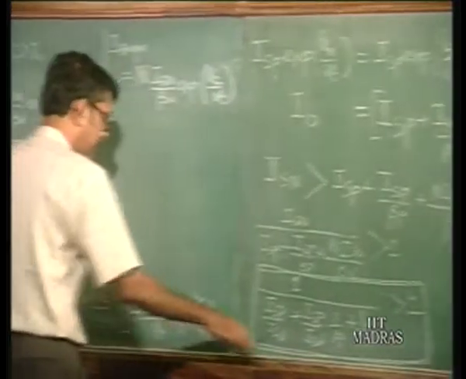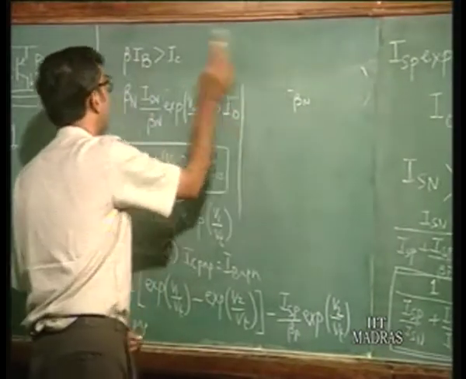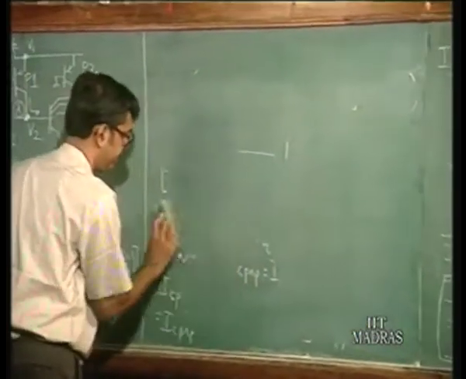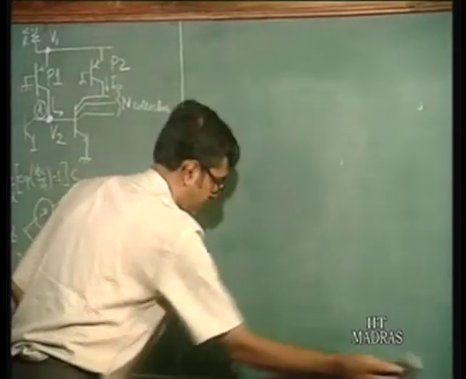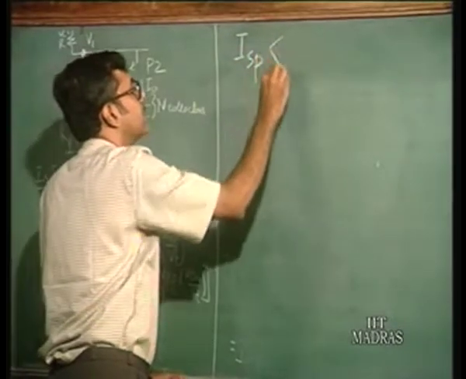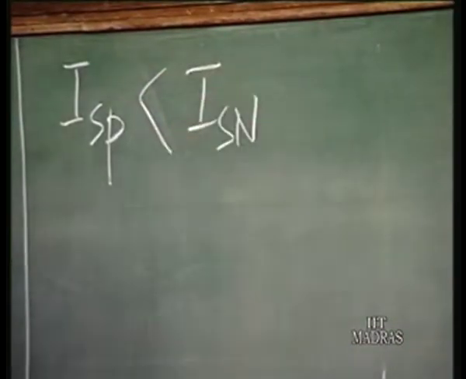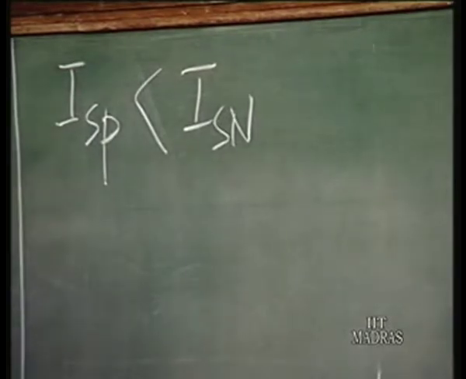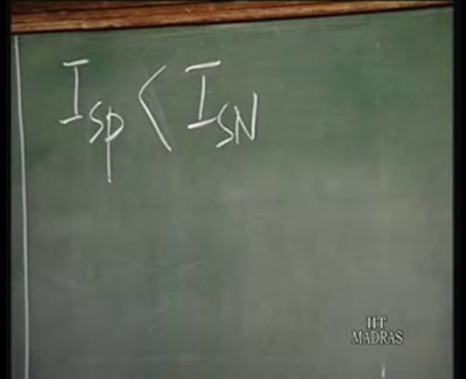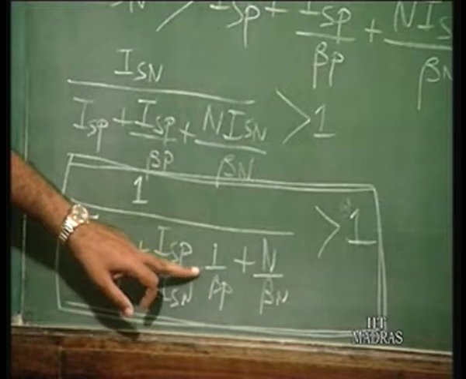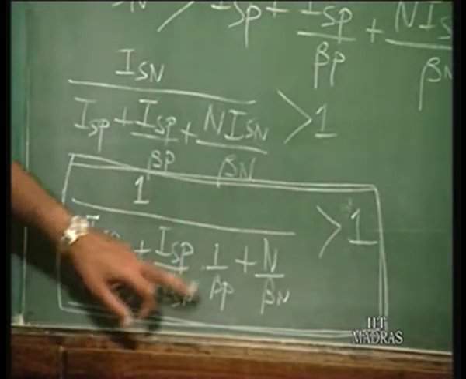So, some conditions we can write down straight away. I think I can remove all this now. ISP must be less than ISN. Then what can we say about beta p? Again this must be less than 1.